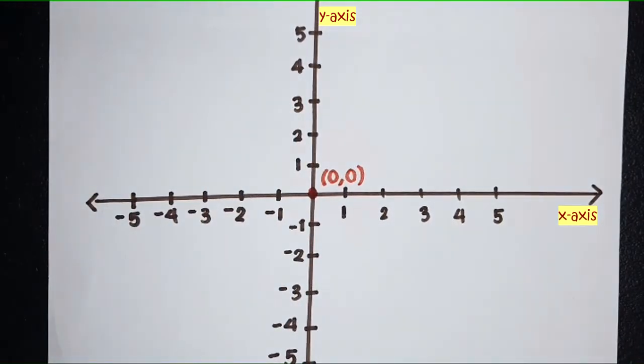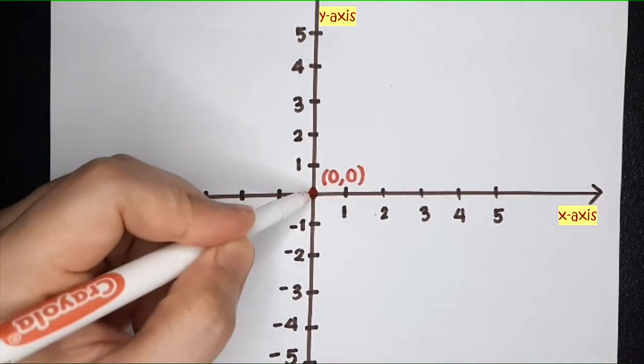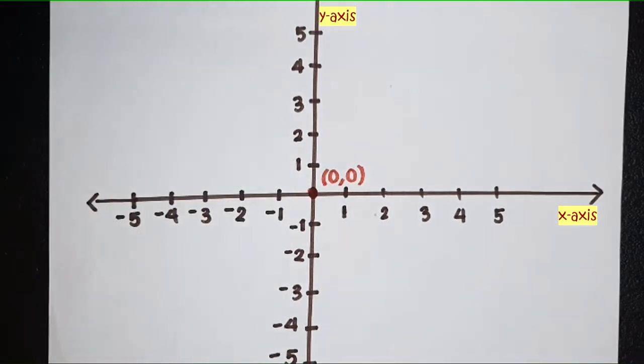Actually, we can name points using capital letters of the alphabet. Usually, the capital letter O is reserved for the origin. Pero kahit anong letter of the alphabet, pwede nyong gamitin. Remember, this is the origin, the point 0, 0.